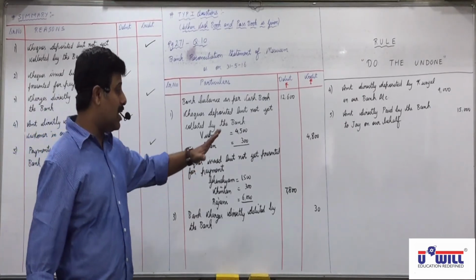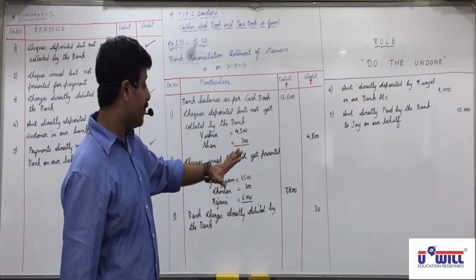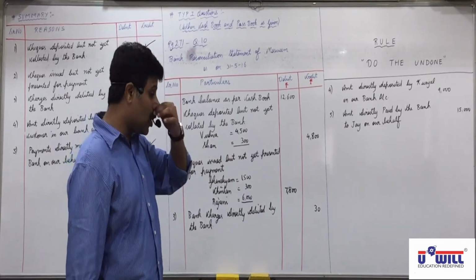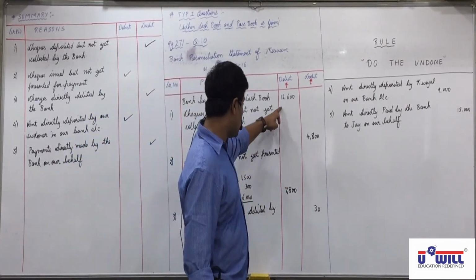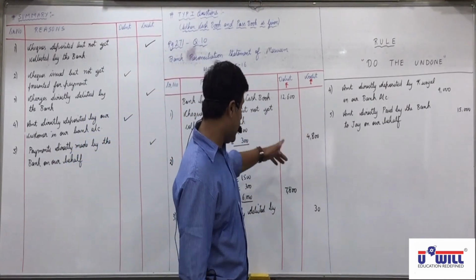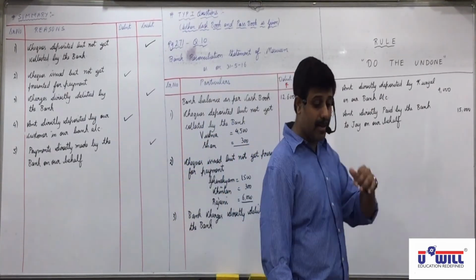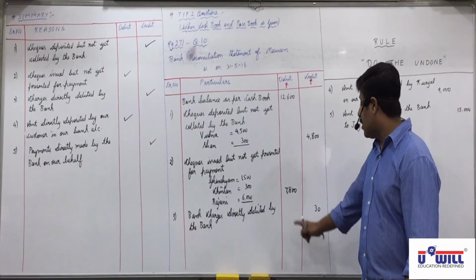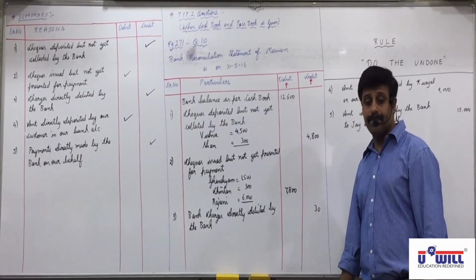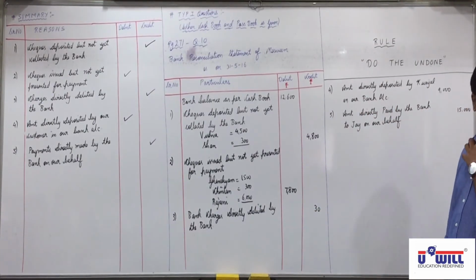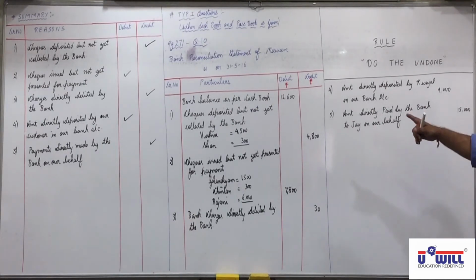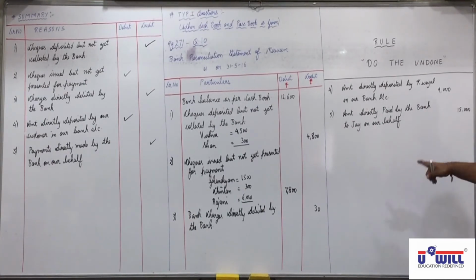Now, which column's total looks more? Debit column's total looks more. Okay, do it everyone: 12,600 plus 7,800 plus 9,000 is 29,400.